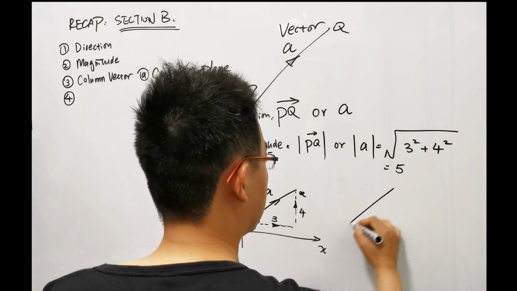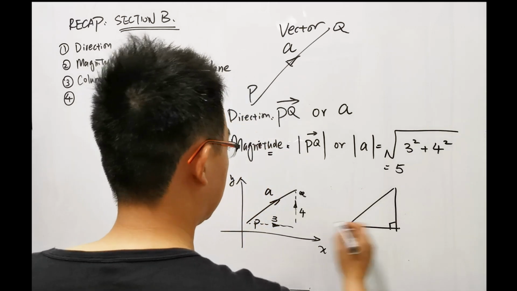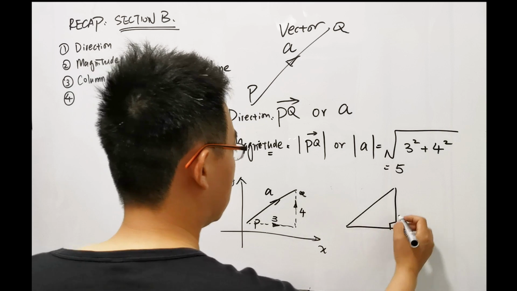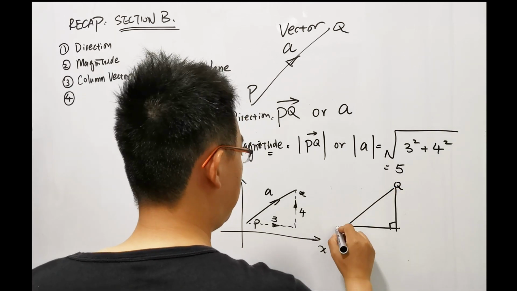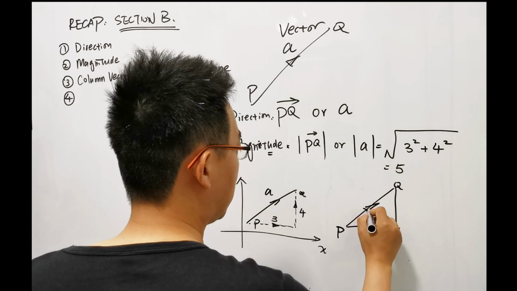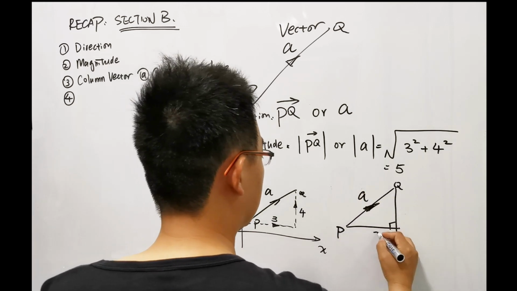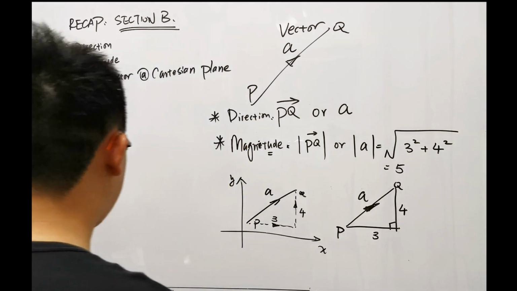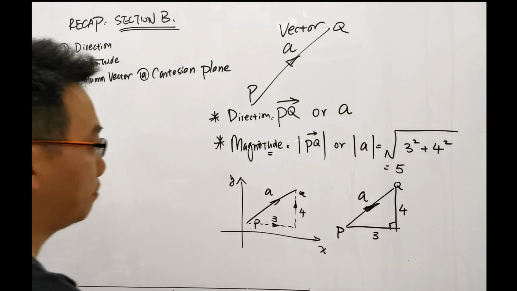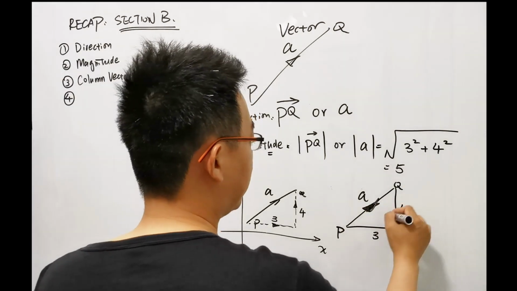This means there is a right angle. Same as this, for example, here's Q, here's P. This is the direction, so it's A, and this is 3 units, this is 4 units. So we just apply the Pythagoras theorem in the right triangle.